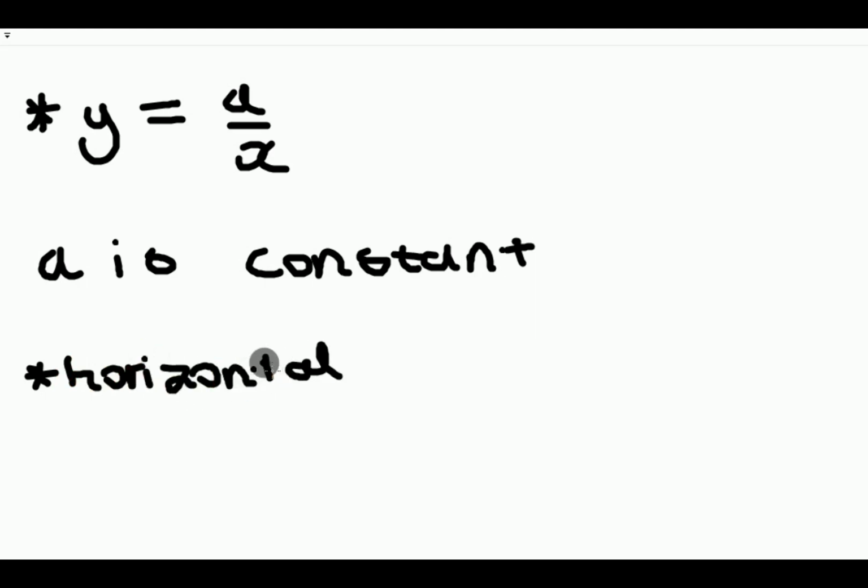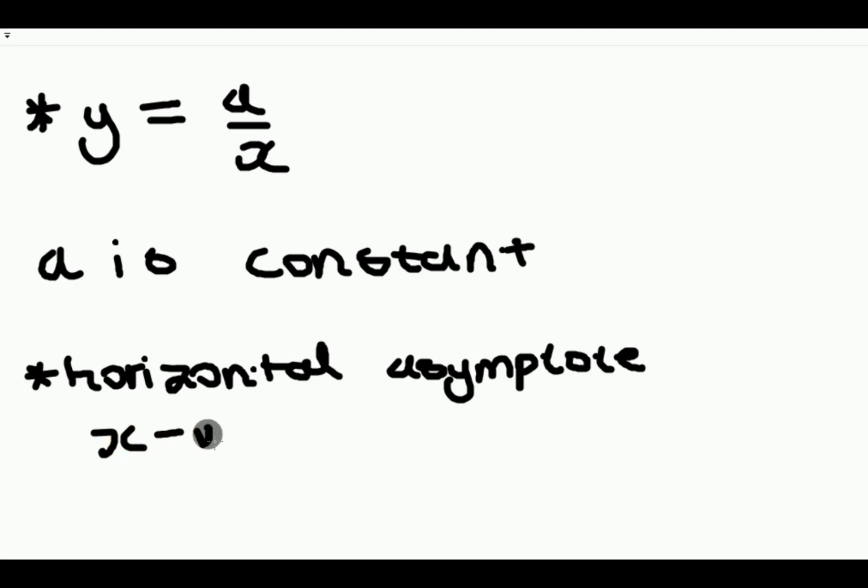Horizontal asymptote, which is our x-axis. So this just means that y will be equal to 0.